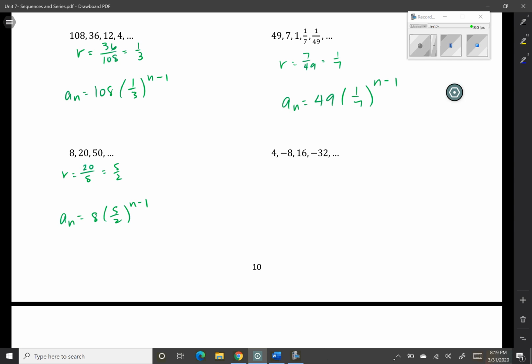For the second one, notice that this pattern goes positive, negative, positive, negative. This only happens in geometric sequences. This cannot happen in an arithmetic sequence because a common difference has to be the same addition or subtraction every single time. You're not going to ever be able to alternate between a positive and a negative.